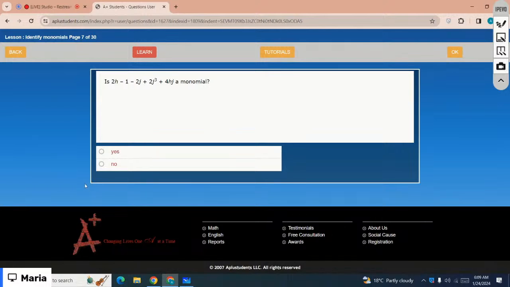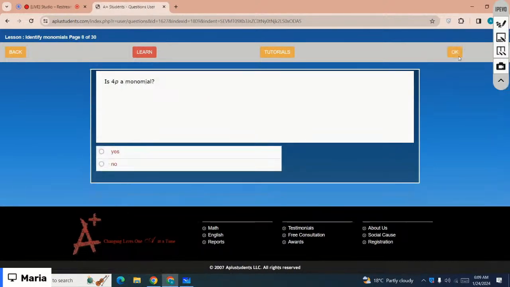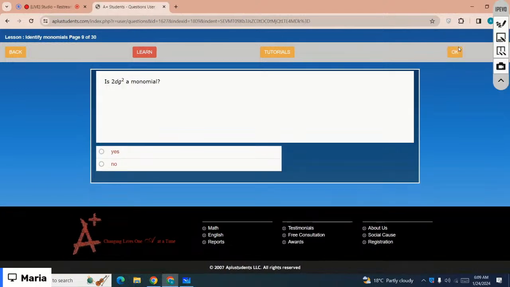No, this isn't a monomial. Is 4p a monomial? Yes, it is. The correct option is yes, it is a monomial. Is 2dg square a monomial? Yes or no?